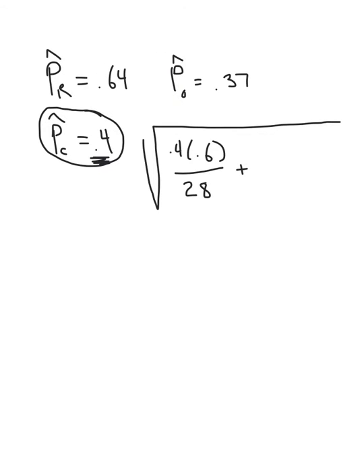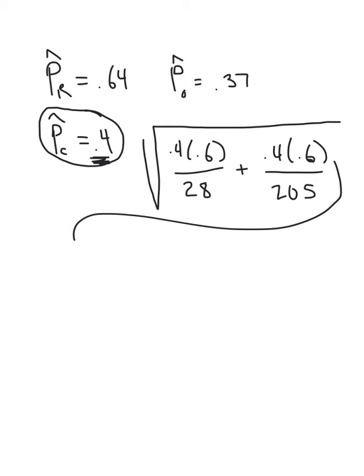And then the same numbers, 0.4 and 0.6 divided by the second sample, which was 205. Okay. Crank that number out, and what do we get? 0.099. So that's our standard deviation.